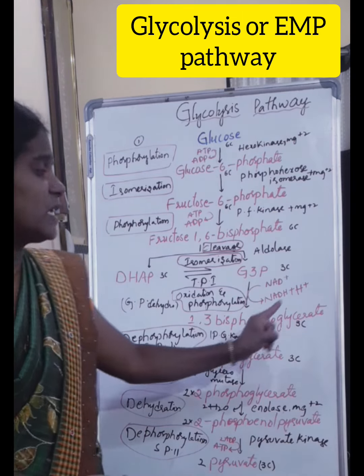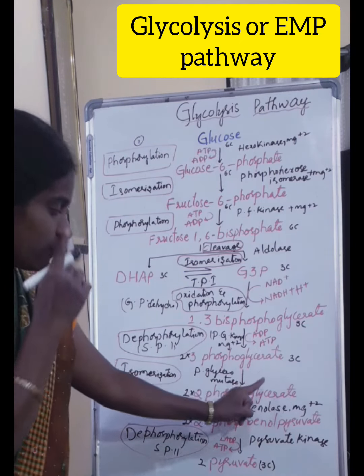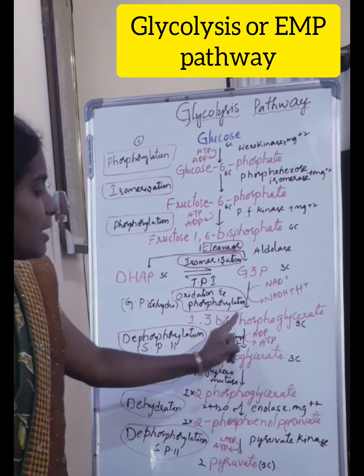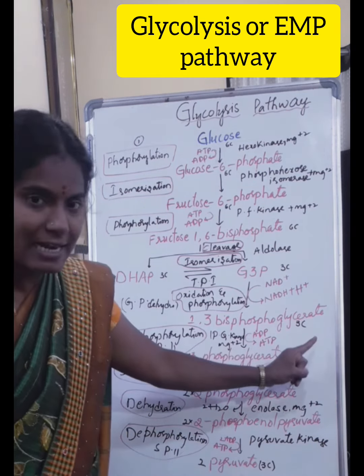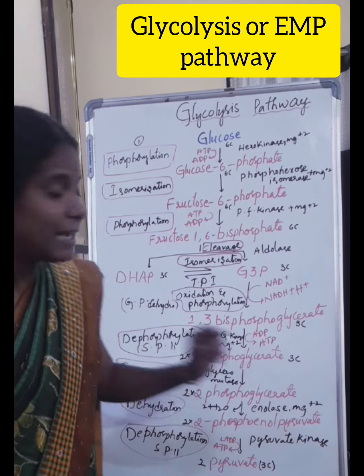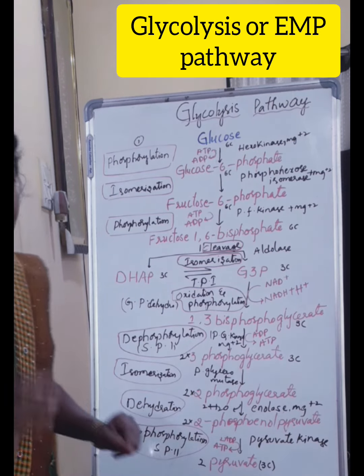Next, 1,3-bisphosphoglycerate is converted to 2 molecules of 3-phosphoglycerate. What is produced here, students? Here ATP is produced.